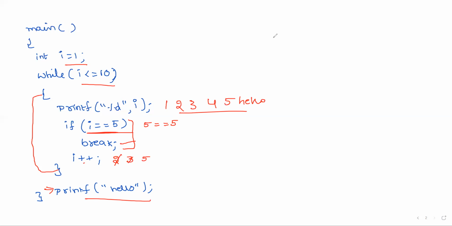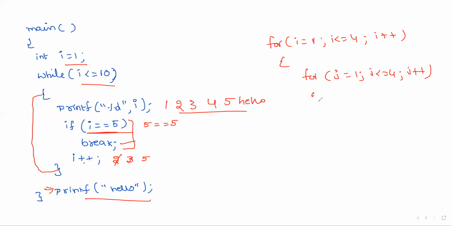Now I will explain one more program related to nested for loop. For i = 1, i less than or equal to 4, i plus plus. For j = 1, j less than or equal to 4, j plus plus. printf percentage d, i comma j.